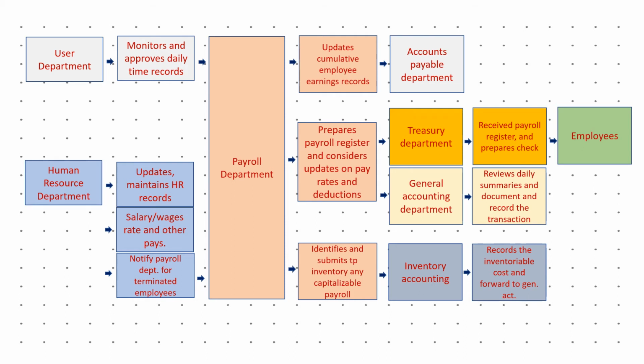And yun naman yung na-identify ni capitalizable salaries kay inventory accounting for the capitalized amounts for the direct labor. So from the Treasury Department, the Treasury Department will receive the payroll register and prepares check and signed by the authorized signatory.